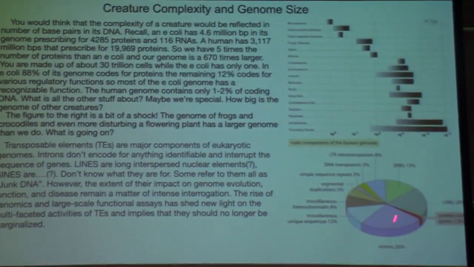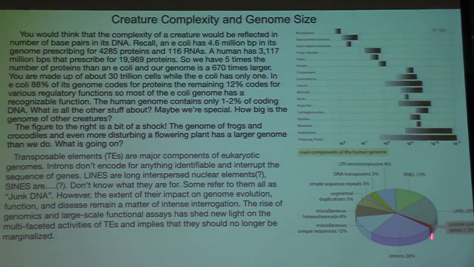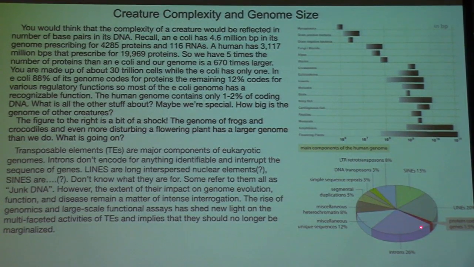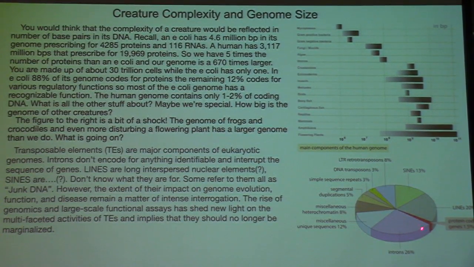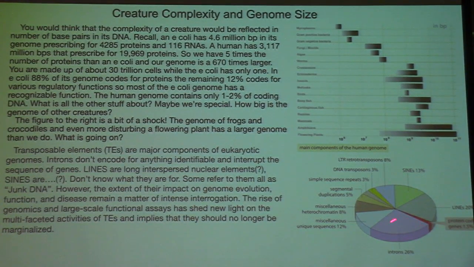When you look at our genome, this very little piece here prescribes for proteins, and there are some DNAs. There's a lot of things that are hard to figure out what their purpose is.